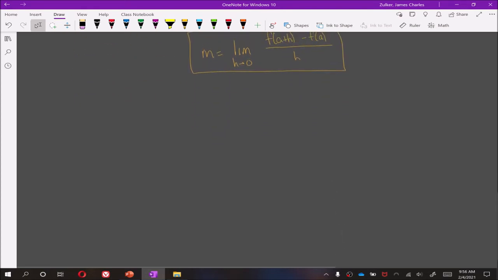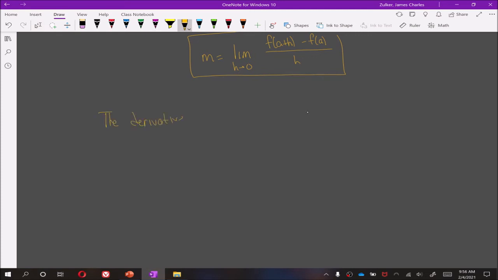So it's the same starting, we would say that the derivative of f of x at A is defined by this, and this is read f prime of A.